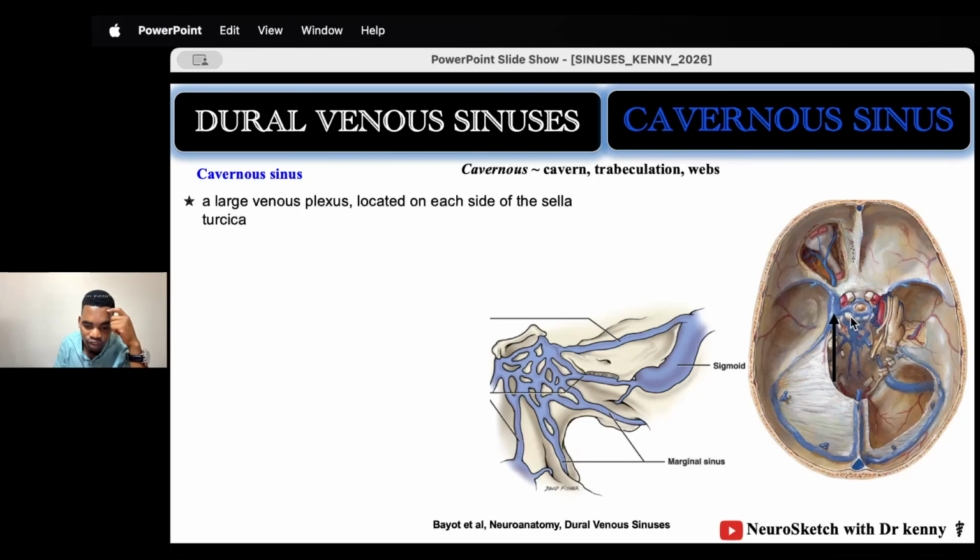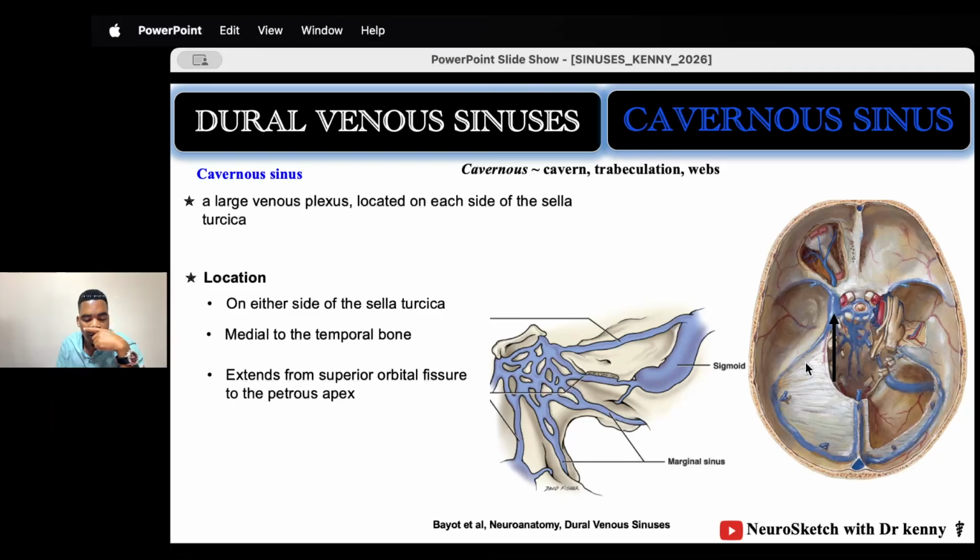Remember, we have the sella turcica here, and the sella turcica is found on the body of the sphenoid bone. At the center of the sella turcica we have the hypophyseal fossa where the pituitary gland sits, and this is the pituitary gland. The cavernous sinus is on either side of the pituitary gland or the sella turcica. What is the location of the cavernous sinus? It is lateral on either side of the sella turcica, but medial to the temporal bone.